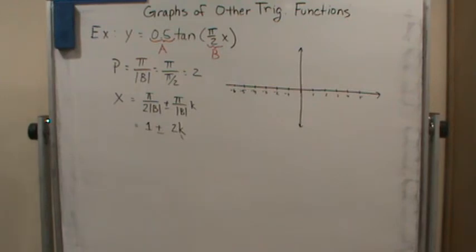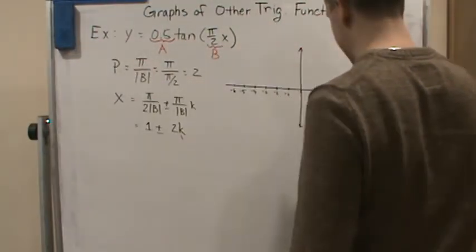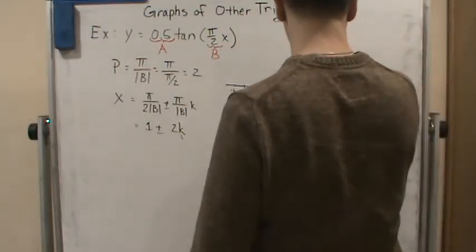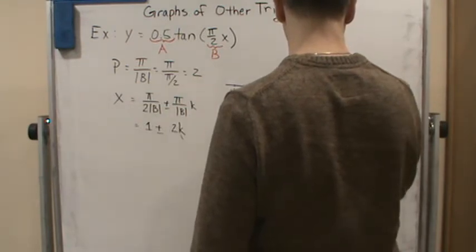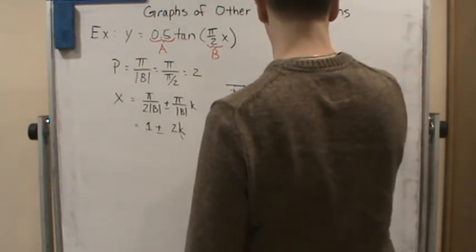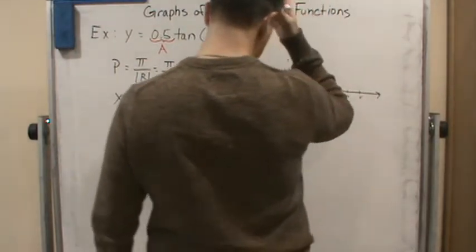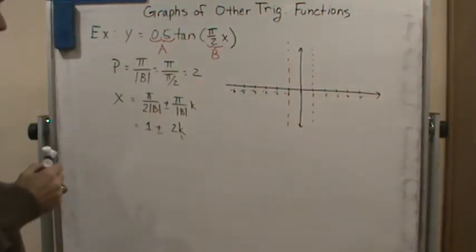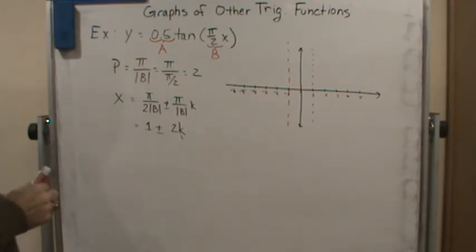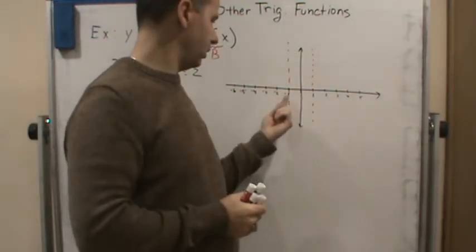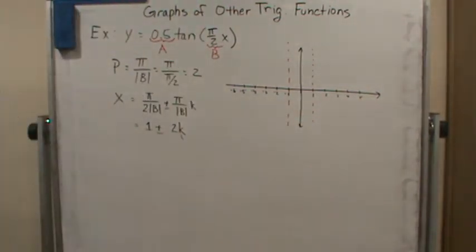So we got our asymptotes. We know that there's going to be an asymptote at 1 and negative 1, right? So let's put those in. And that corresponds with a period of 2, right? So that's good.